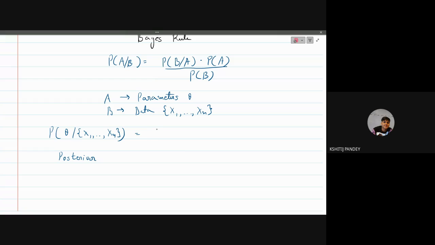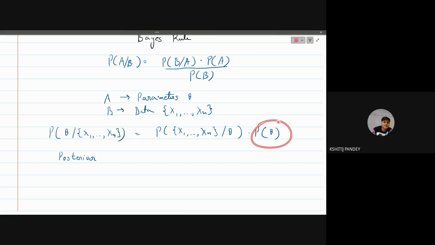So this is the probability of getting this data when your unknown parameter is theta. And what is this? This is your likelihood. And it is multiplied with the probability of getting this theta.